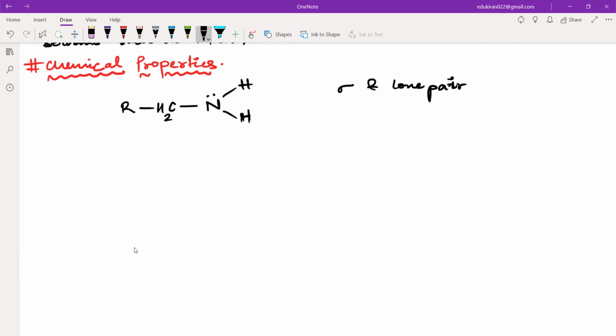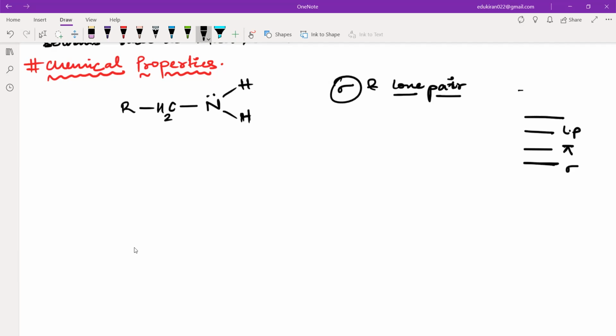So we have electrons in two different types of molecular orbital. If you remember, the lowest energy electrons are the sigma bond electrons, followed by the pi bonded electrons, followed by the lone pair.